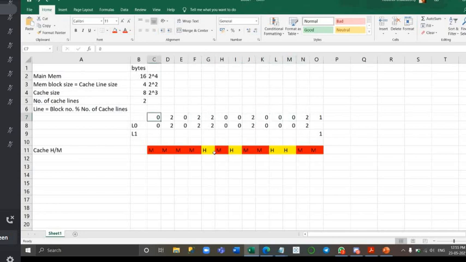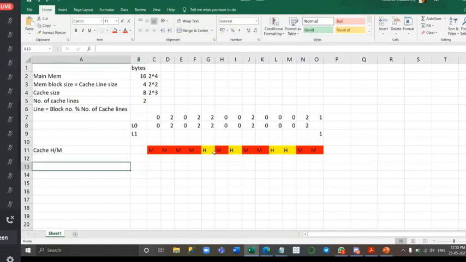For all of these from 0 to 2, since these are all even numbers, even modulo 2 is 0, hence they are all going to line 0. This is odd, so this modulo 2 is 1. Why 2? Because 2 is the number of lines in the cache. So in this scenario, we get 4 hits and 9 misses.